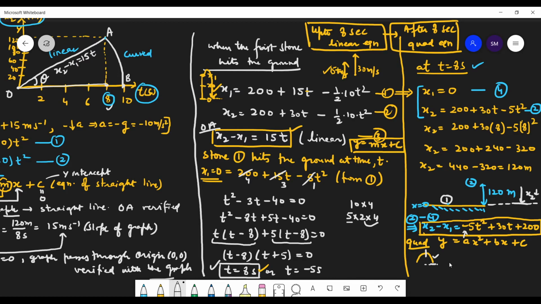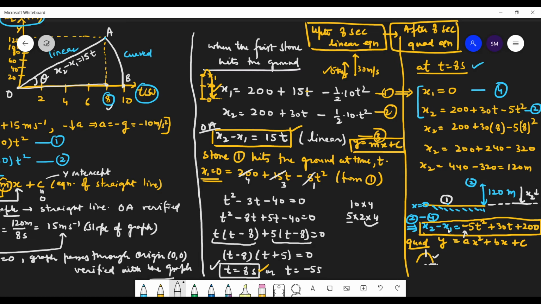So linear relationship up to 8 seconds, and after 8 seconds there is this quadratic relationship, and you solve this quadratic relationship.